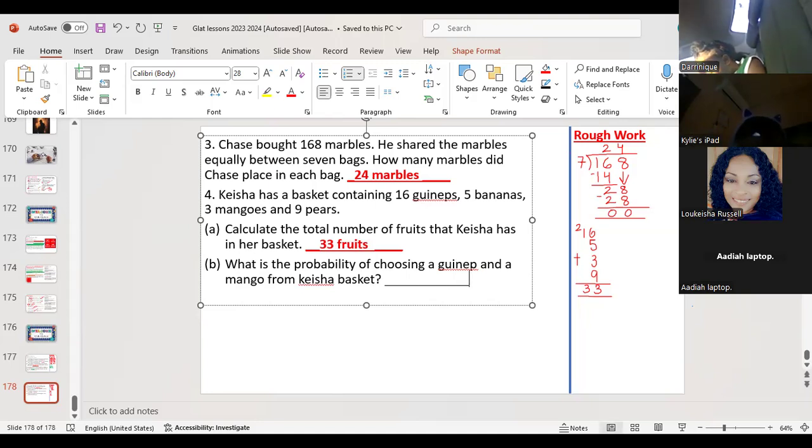What's the probability of choosing a ganap and a mango from Keisha's basket? Right? Do y'all know how to write probability? Like, do y'all know how to do probability? Fractions, very good. So what's gonna be the answer?